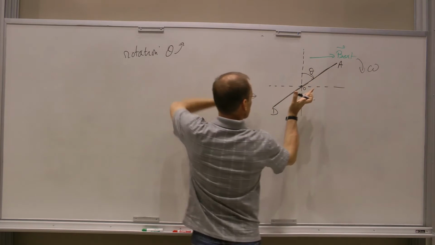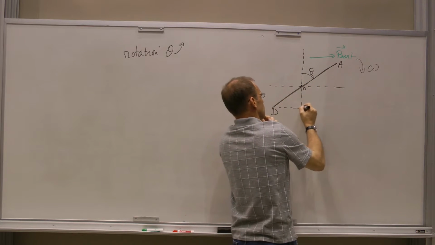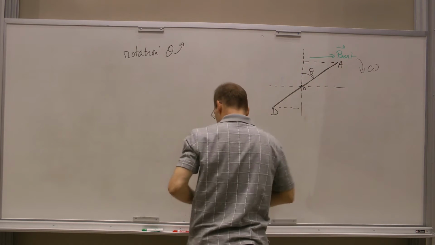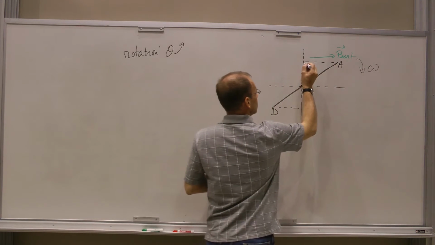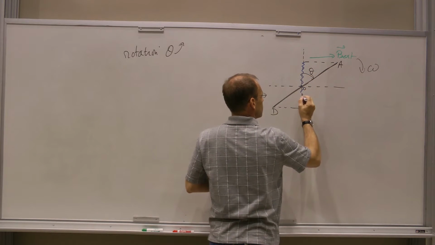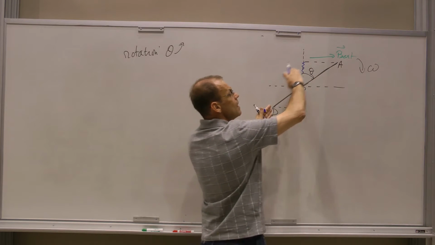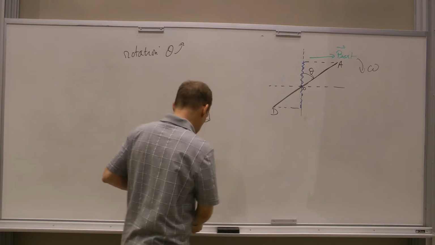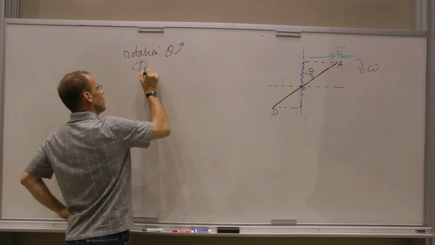The reason is that the area affected by the magnetic field is this section right here. As the angle increases towards pi over 2, that cross-section area is decreasing. So we have a collapse of the magnetic flux.